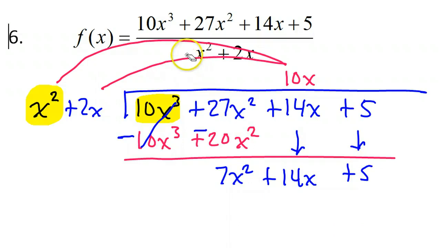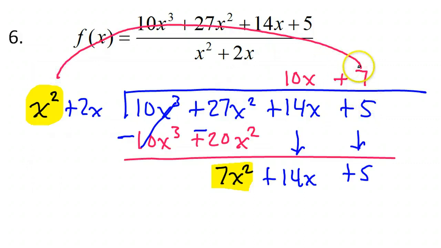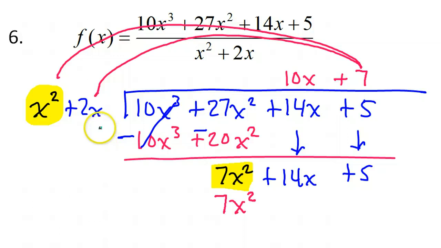And then I begin again. I ask myself, x squared times what will give me 7x squared? Clearly the answer to that question is 7. So I'll put my 7 in the constant position, and then I distribute. 7 times x squared, of course, is 7x squared. 7 times 2x is 14x.